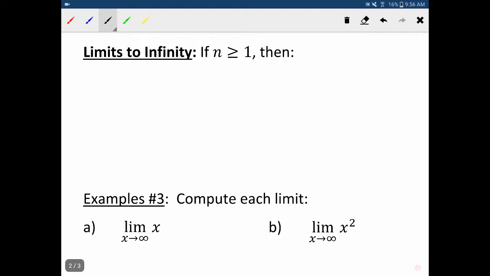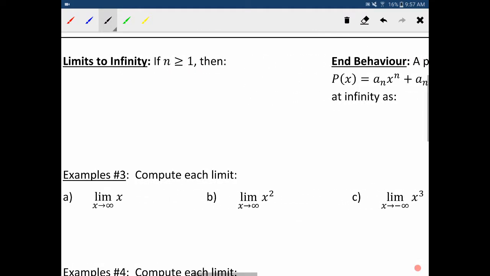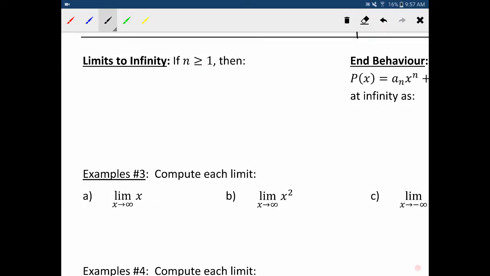If we have a polynomial function, then we can just say that the limit as x approaches infinity of x to the power of n, if n is greater than or equal to 1, is just going to equal infinity. There's no more to it than that. It will just always equal infinity.